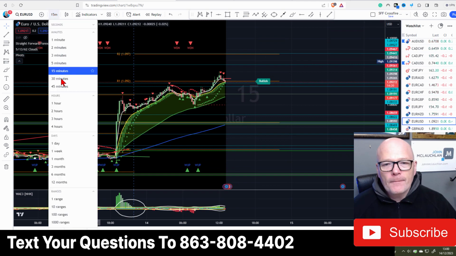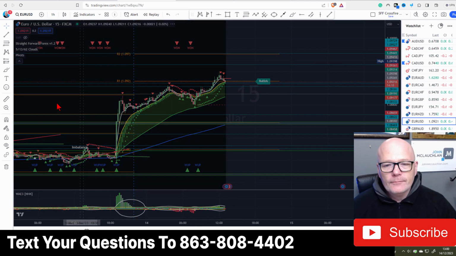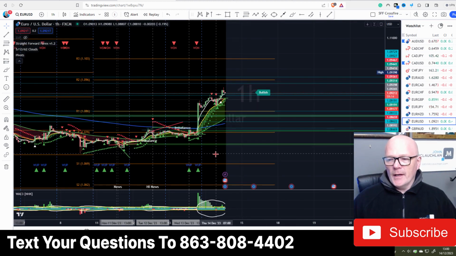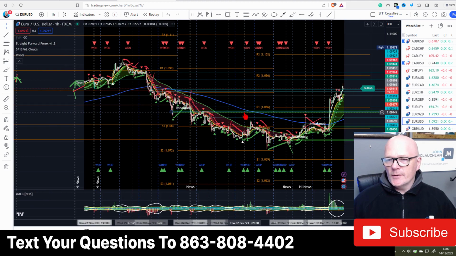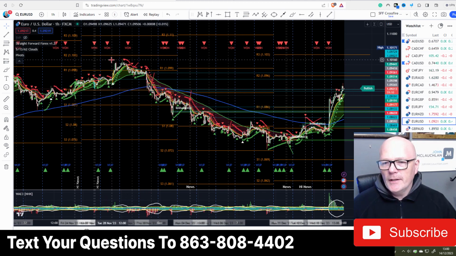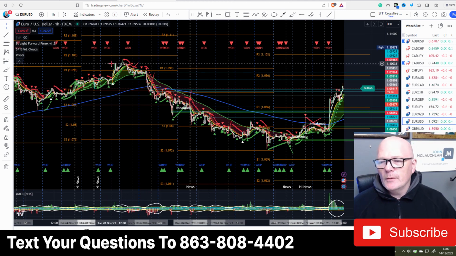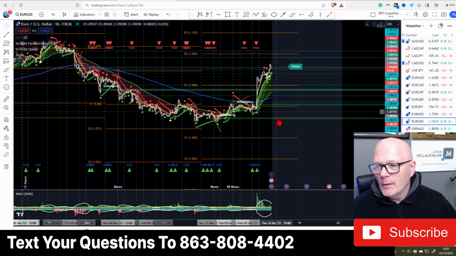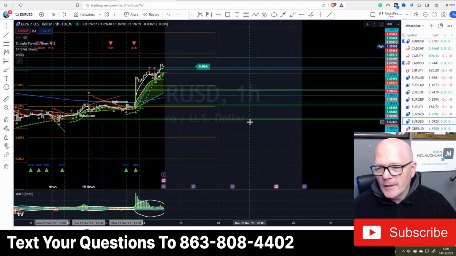If we look at this on the hourly, we can sometimes get a good indication of where price has been previously. So previously, again, we've got previous highs up here. Okay, so we might even see a continuation to the upside, or again potentially coming back down to this area to take out again this imbalance here.